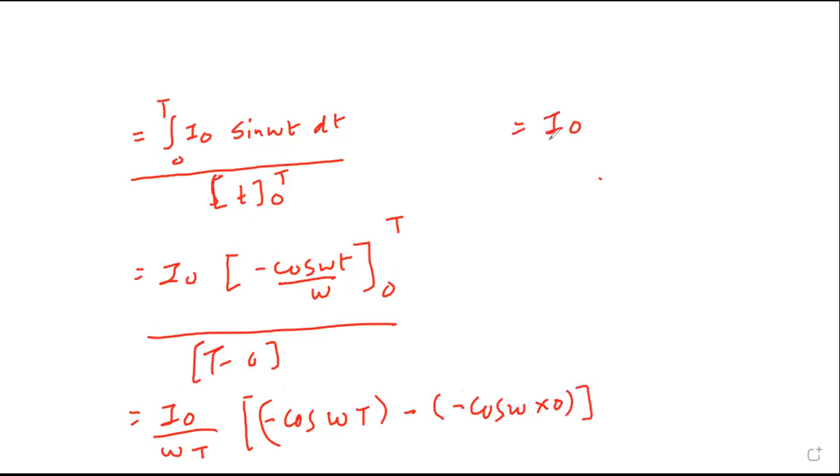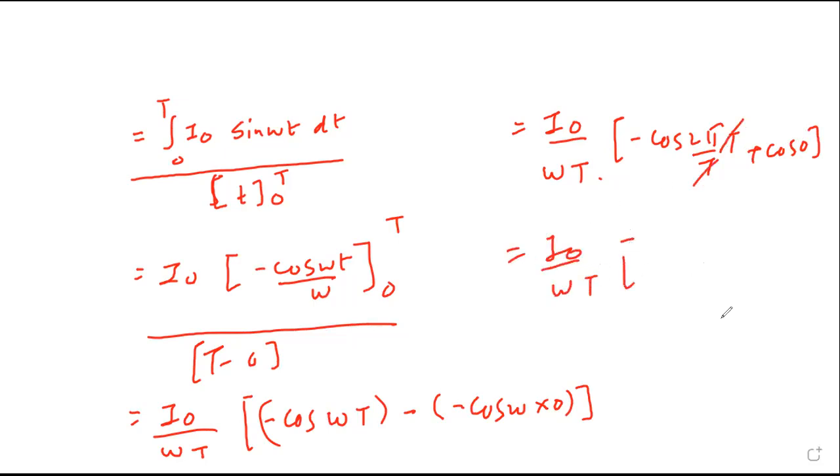So it is I naught upon omega T into minus cos 2 pi by T into T, minus minus plus cos 0. What is cos 0? 1. Cos 0 is 1. And cos 360 is also 1.